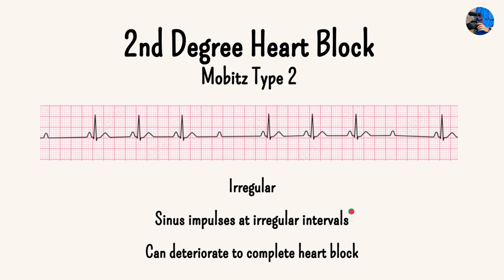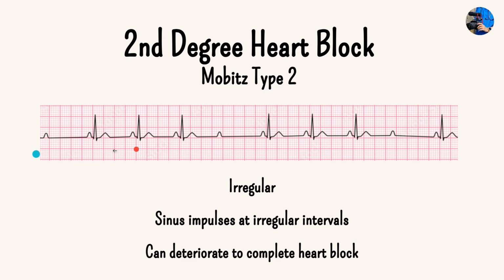So unlike Mobitz type 1, where we had a pattern of PR interval prolongation and then a missing QRS complex, here we actually have P waves in random places. So we've got a P wave there, P wave there, P wave there, P wave there, no QRS, P wave there, P wave there, P wave there, P wave there, no QRS complex.